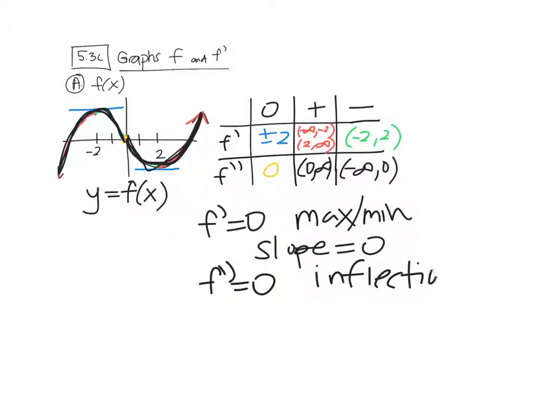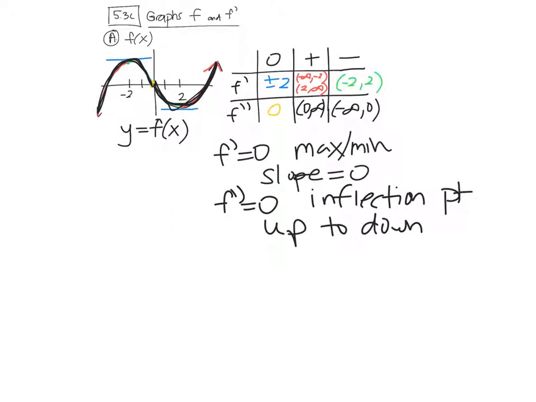Inflection points are where your graph turns from concave up to concave down or vice versa, where it changes. It's always in between the maximum and minimum, right in the middle of them. All right, so we're feeling pretty good. There's going to be one like this on the quiz. You'll whiz right through it.